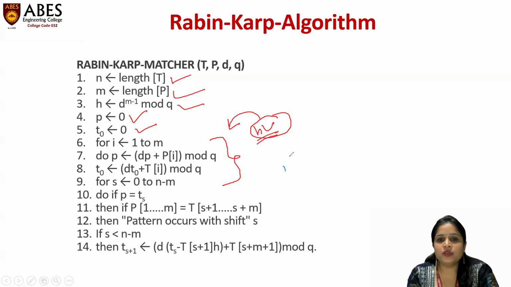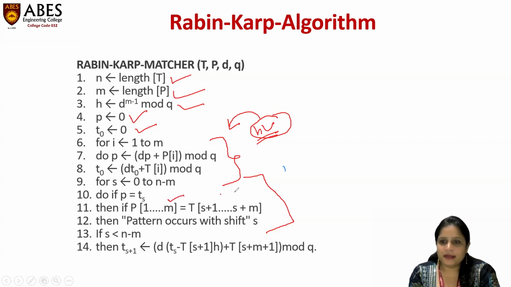If our hash value matches, then we apply shift operations up to n minus m times, just like the naive string matching algorithm, and one by one we analyze the pattern. If we find the pattern, we print the valid shift value.